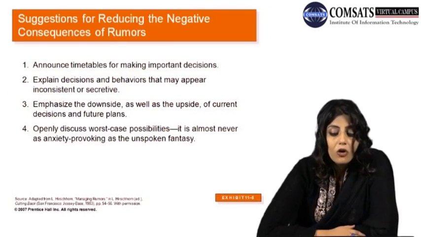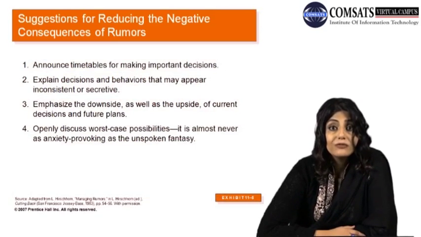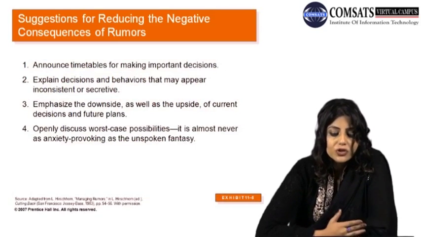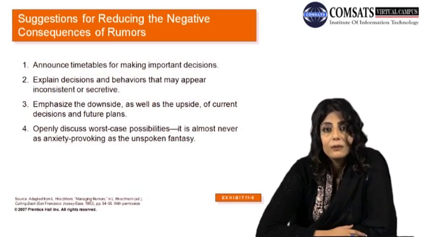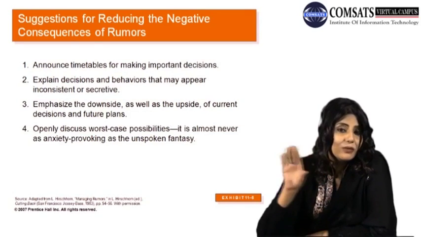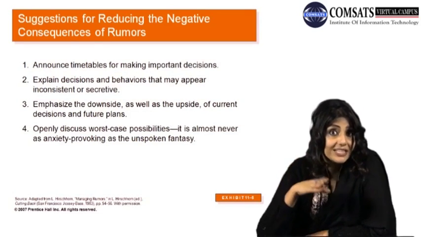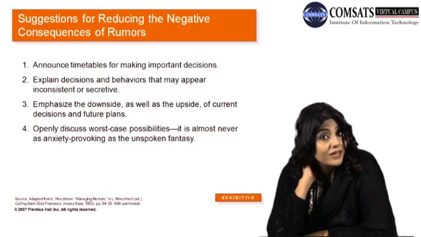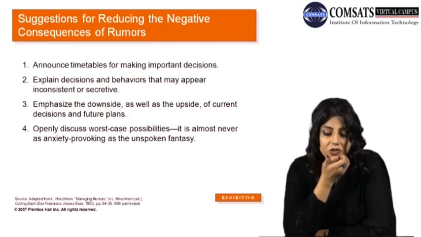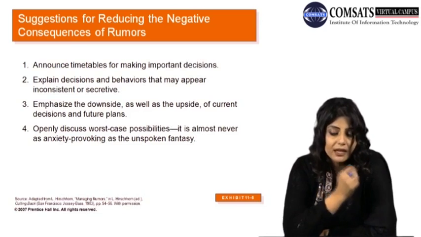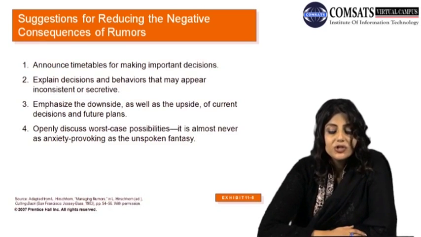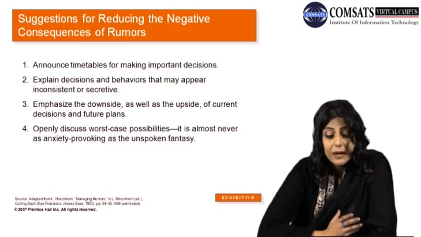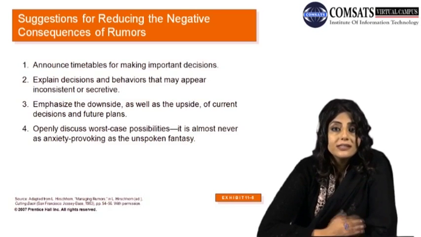Then we see how managers can reduce the negative consequences of rumors. Of course, they need to announce the timetables for making important decisions. That would reduce the anxiety amongst the employees, and they will have a feeling that they will be communicated the important decision or the message or what's happening in the organization. Then explain the decisions and behaviors that may appear inconsistent or secretive.